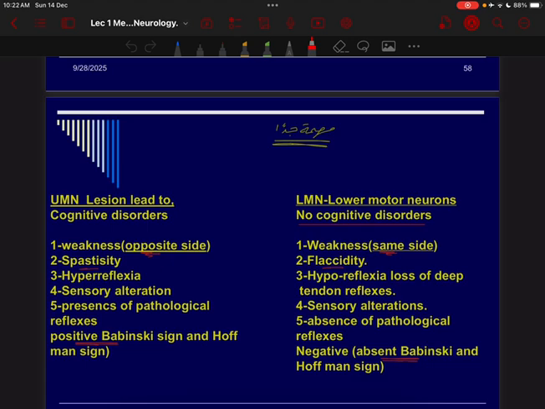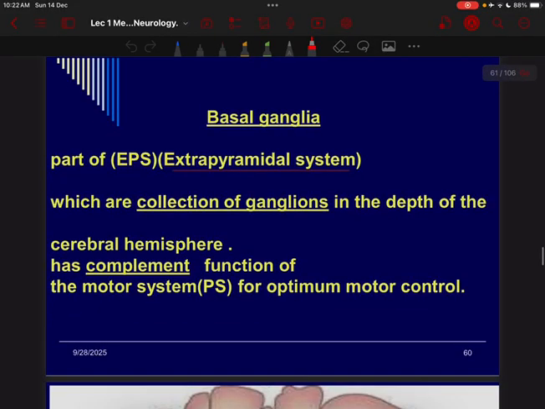Number one, weakness opposite side, weakness same side, spasticity, flaccidity, hyperreflexia, hyporeflexia, sensory alteration, no sensory alteration, pathological reflex like Babinski, okay? No Babinski, or no pathological reflex. And then هي مقارنة between the upper motor neuron and the lower motor neuron.